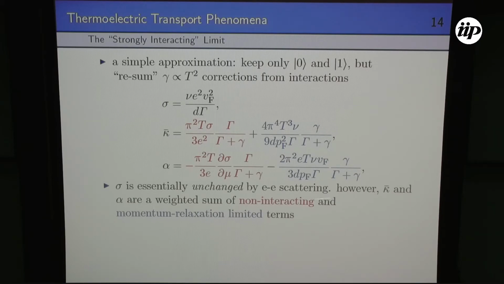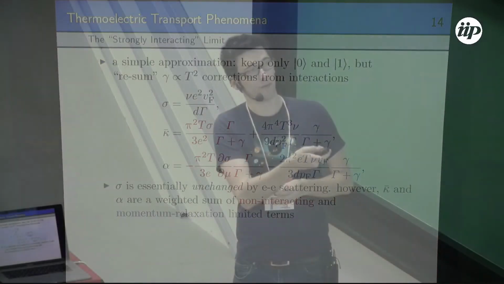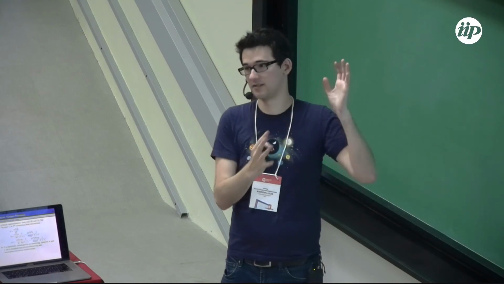The blue terms correspond to these hydrodynamic, or let's say for now, these Newton's law conductivities. Okay? So these blue terms correspond to what you would get if you wrote down the force balance equation and you said that all of the conductivities are proportional to the same scattering rate, but then we have charge density and entropy density weighting sigma and kappa bar and alpha.